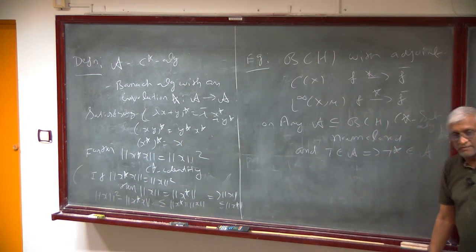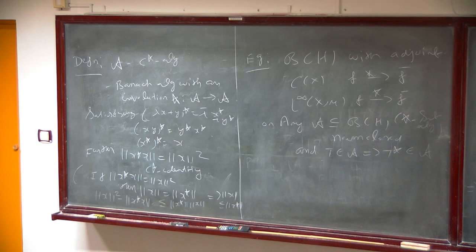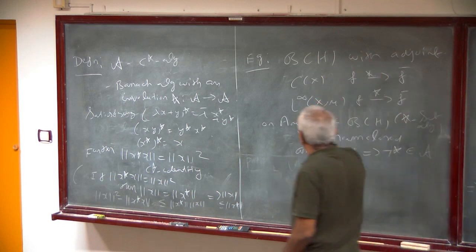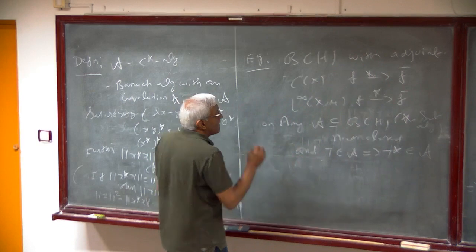Subalgebra means it's closed under all algebraic operations: addition, multiplication, scalar multiplication. Star closed means the adjoint is also there. So we take any such thing, that's also a C star algebra. Of course, it will satisfy the C star identity.